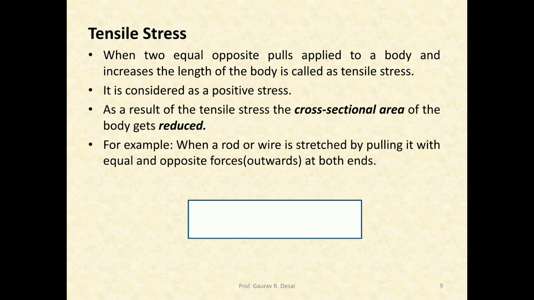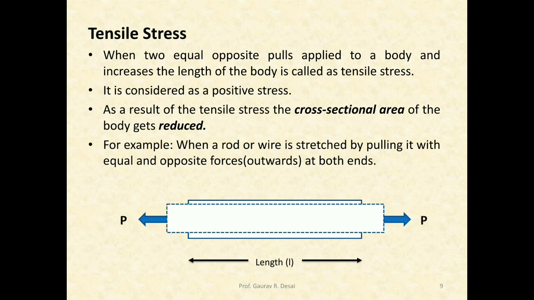Now let's see it in the form of a figure. A body is shown having a length L and a tensile load P is applied in both directions in the opposite way, axially. After the load is applied in the axial direction on opposite sides, there will be a change in length of the body, meaning the length will increase, but the thickness will be reduced and dimensions will change.